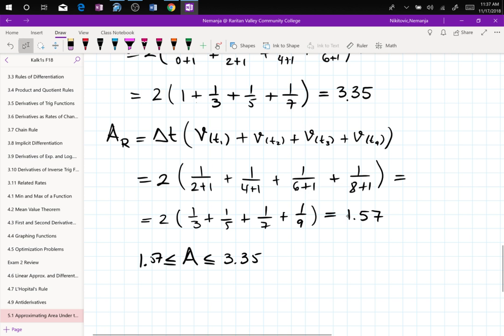Plus 1/5 plus 1/7 plus 1/9. The computer says about 1.4, which means this number of 1.57 should be lower.